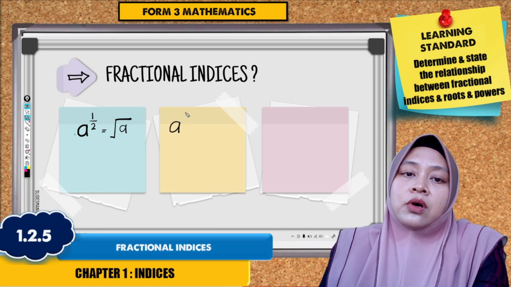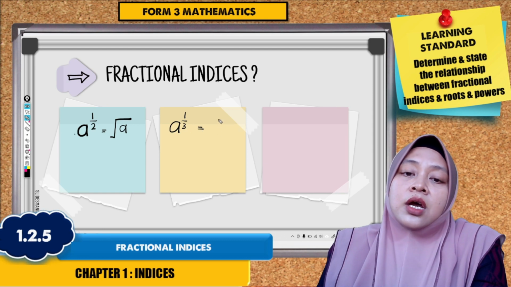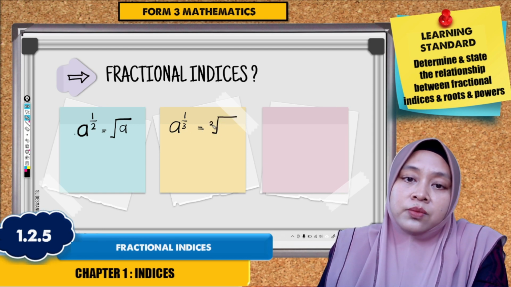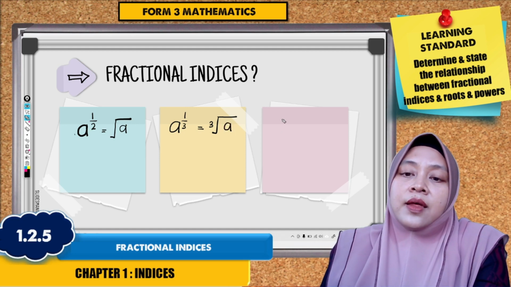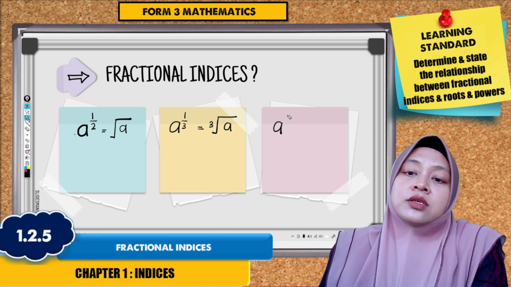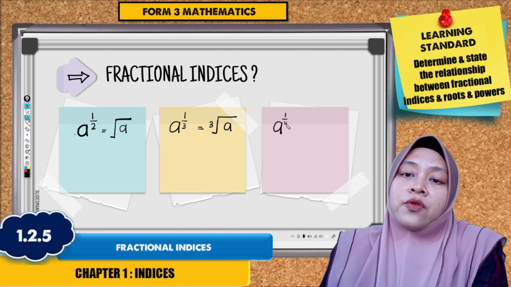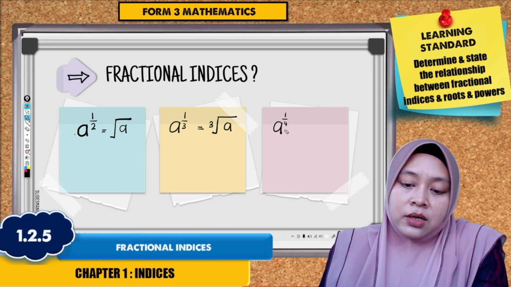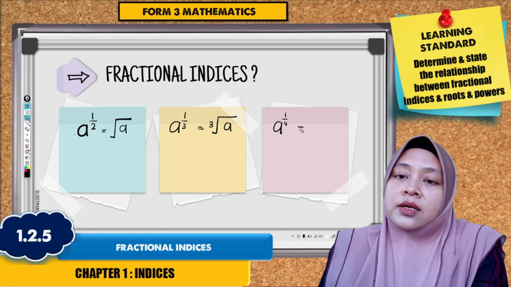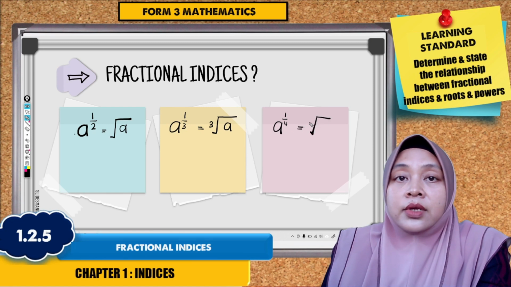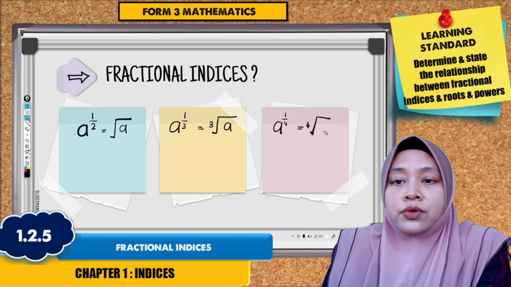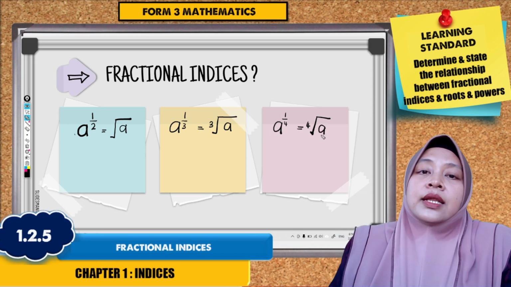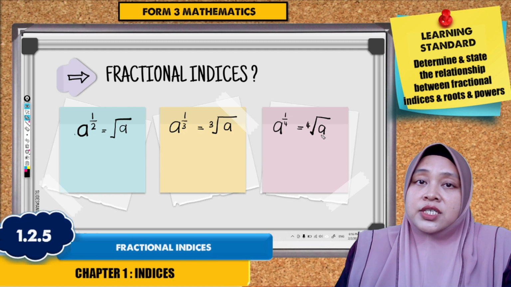A to the power of 1/3 is the cube root of a. And a to the power of 1/4, or we can call it quarter, gives the answer 4th root of a. That is the basic that you need to know in fractional indices.